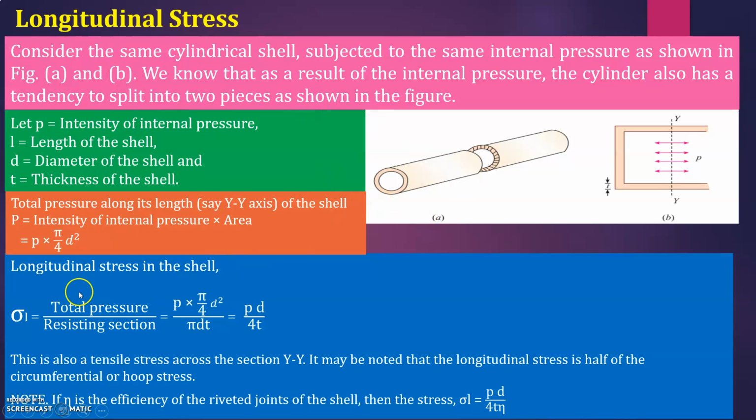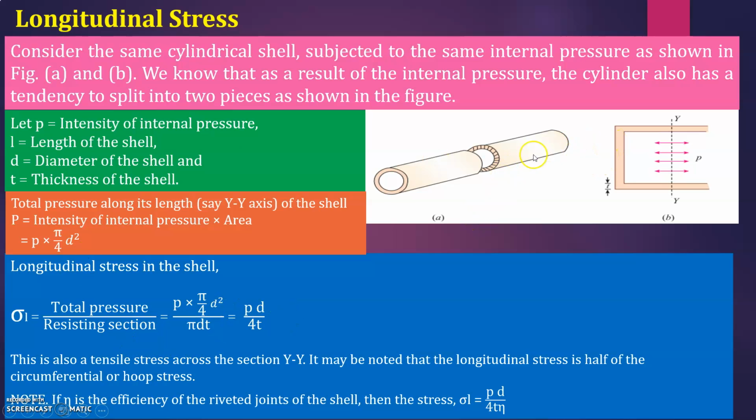Now we'll calculate the longitudinal stress in the shell. Longitudinal stress is represented by sigma L, and with the same formula, it is the total pressure divided by the resisting section. Total pressure is P into pi by 4 d square, divided by the resisting section.